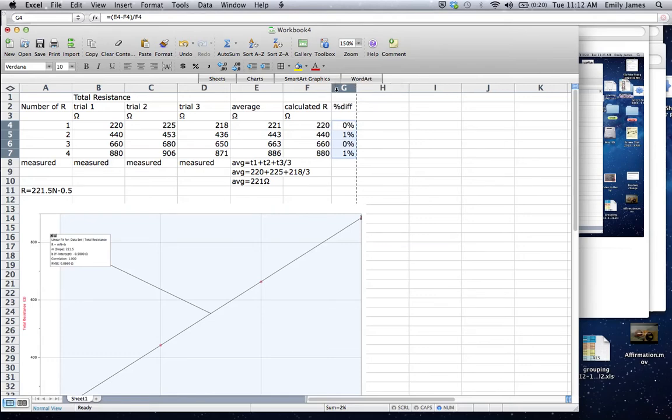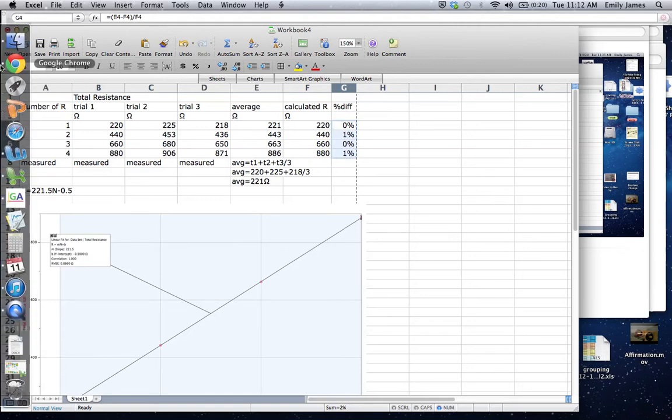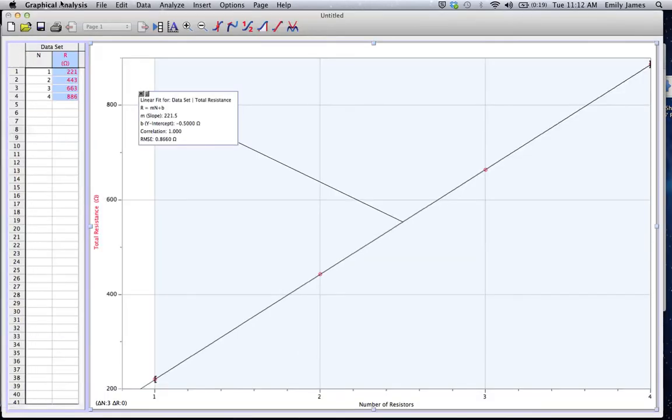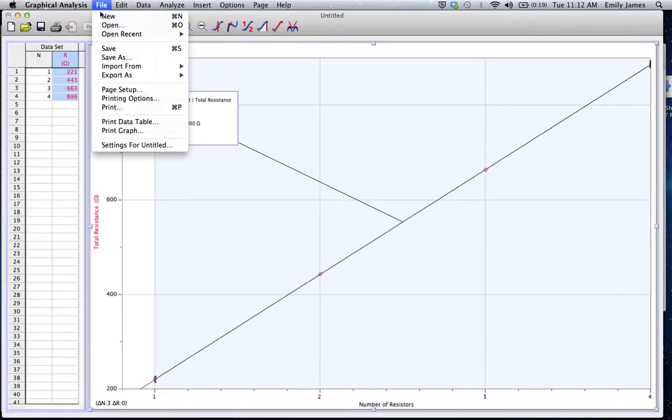For accelerated, in order to prove that your formula works, you might want to make a quick graph of the measured resistance versus the total resistance. So I'm going to do that really quick. I'm going to go into graphical analysis. I'm going to get a new graph.